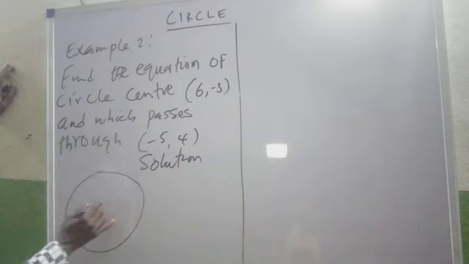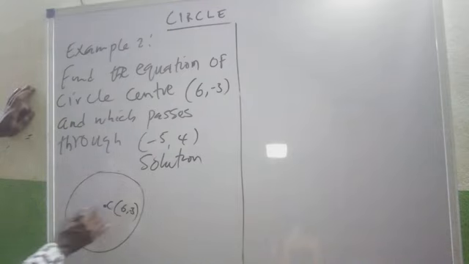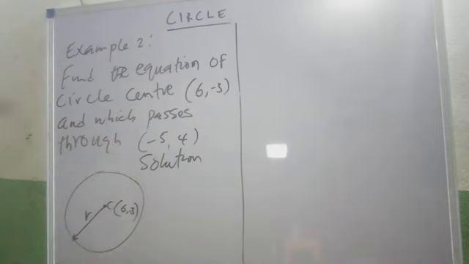This is the center of the circle C, and it is the point (6, -3). This is the radius. And we're told that it passes through a point, let this one be A, (-5, 4).